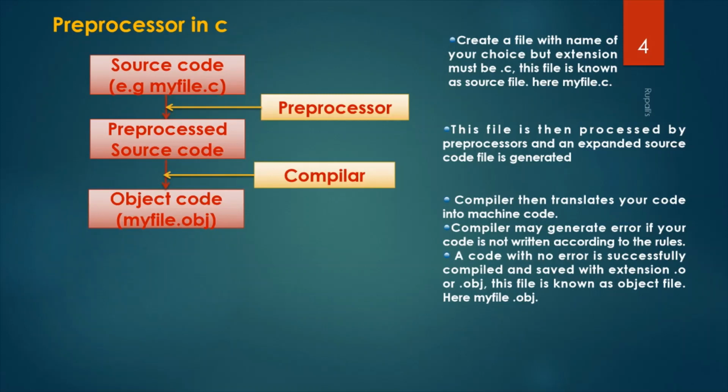This file is known as the object file. So our file name is myfile.obj now.